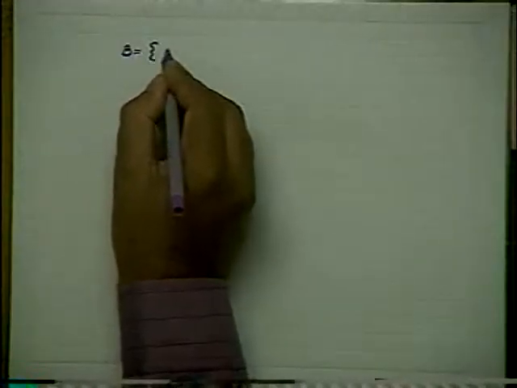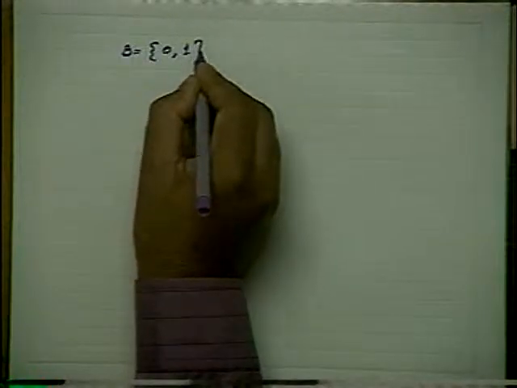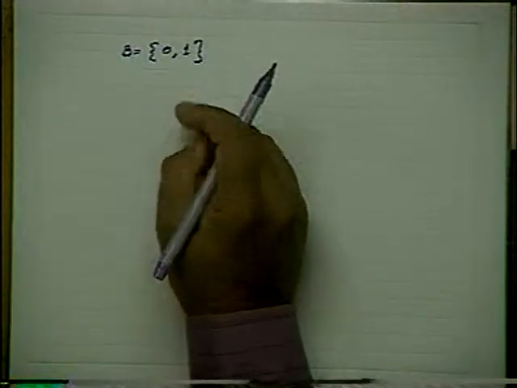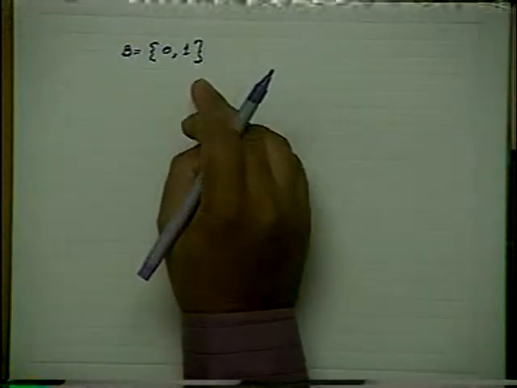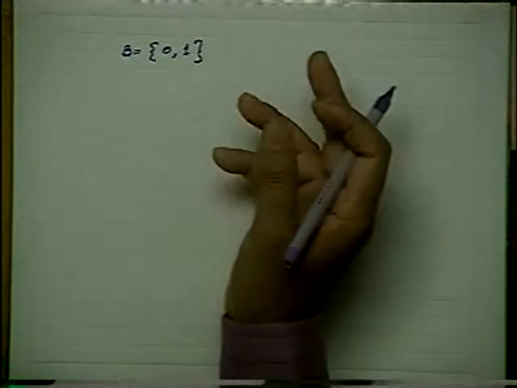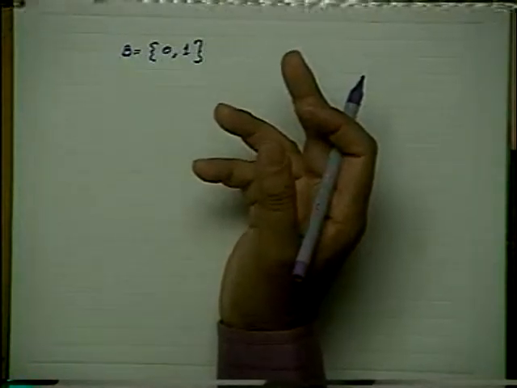Here we take the set B to consist of only two elements, 0 and 1, and as you understand, if it has two elements, they have to be the identity elements.